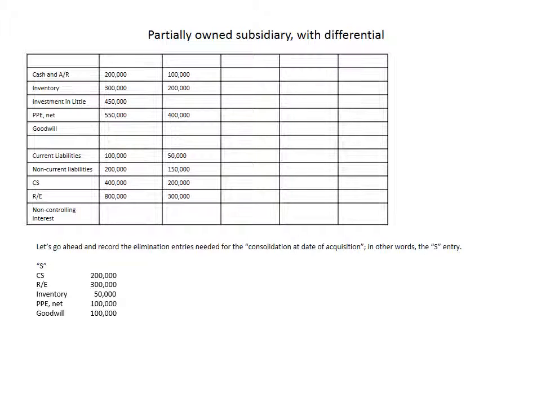And again, who owns that $750,000? Well, we own $450,000 of that, our 60% of that $750,000 total, and that's our acquisition cost. That's our beginning of year investment. The other 40% of the $750,000 is owned by the non-controlling shareholders. So again, we're going to establish this equity-like account called non-controlling interest.